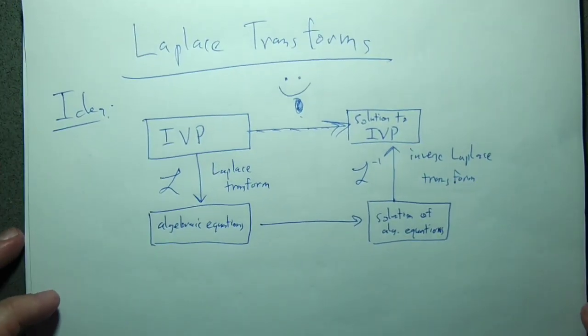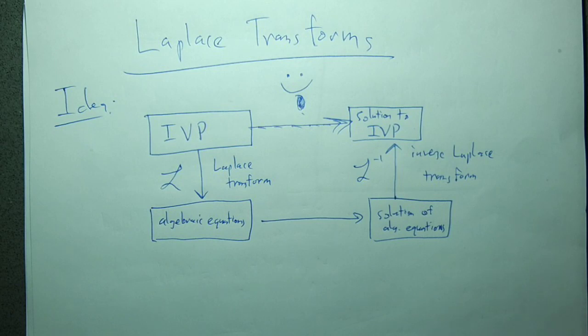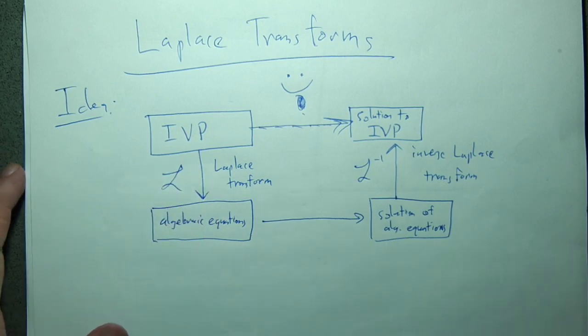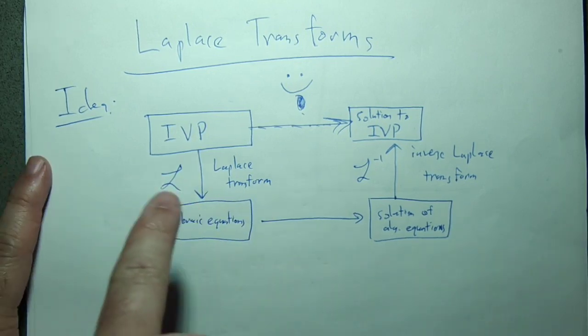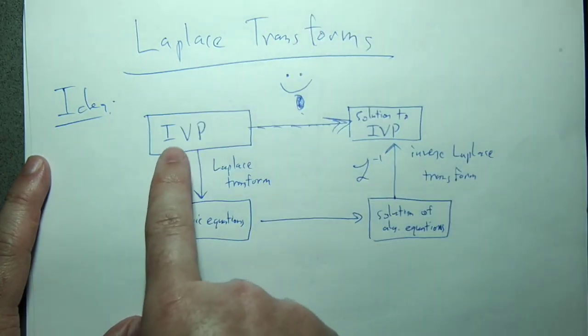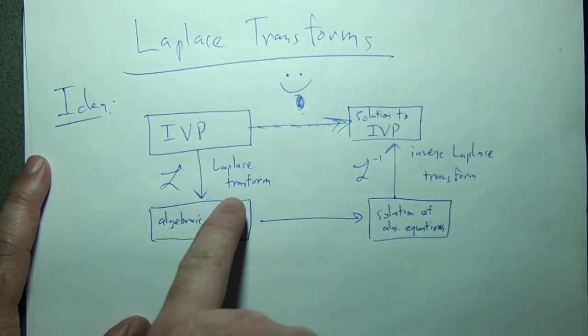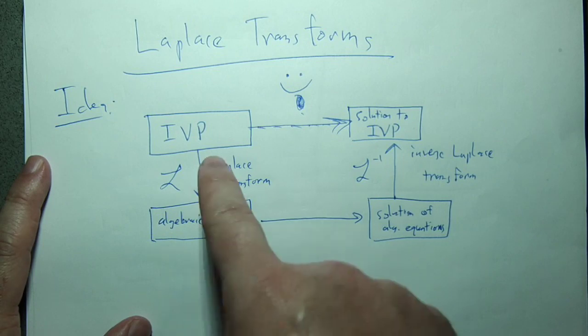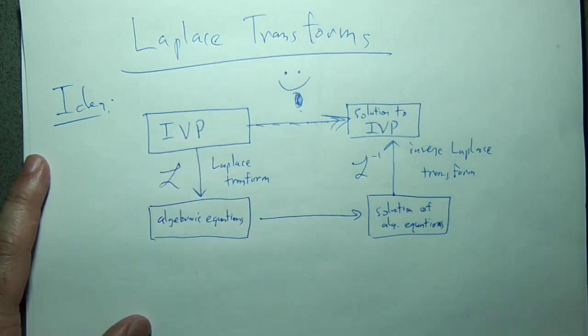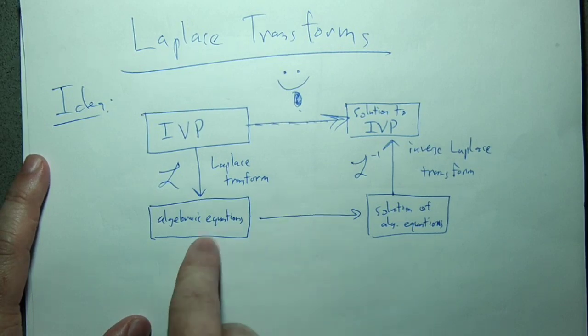We'd begun Laplace transforms, so I hadn't even defined the Laplace transform yet. I just described the process. So the idea, and hopefully by the end of today's lecture we'll get to at least see some of this, is that we have an IVP. I want to hit it with the Laplace transform to turn my IVP, my differential equation, into a set of algebraic equations, or a single algebraic equation.